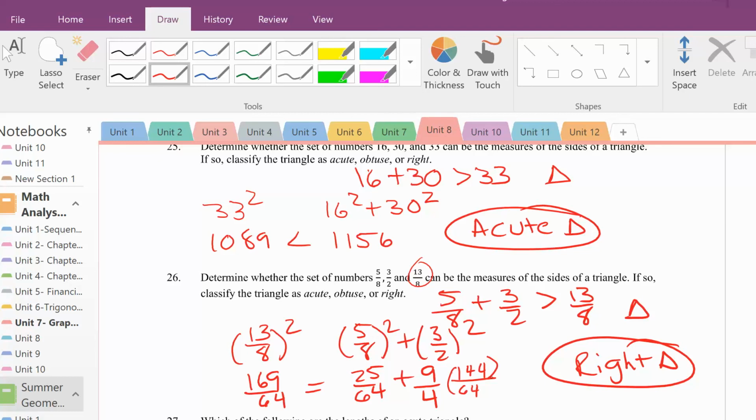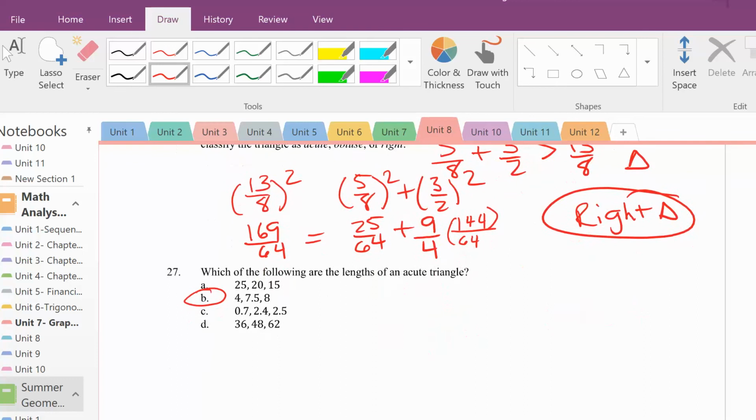So they're going to be equal, which means it's a right triangle.